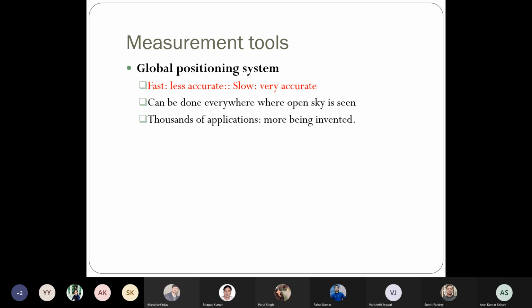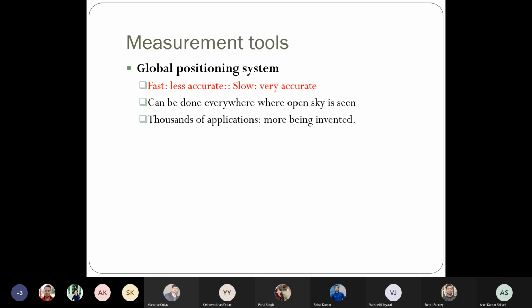When you collect positioning data using GPS, if you move very fast with the GPS receiver, then it is less accurate. If you keep a GPS receiver at one place for, let's say, half an hour, then it will be more accurate. So it all depends on the application. Static operation using GPS is more accurate compared to dynamic operation, and it can be done everywhere.